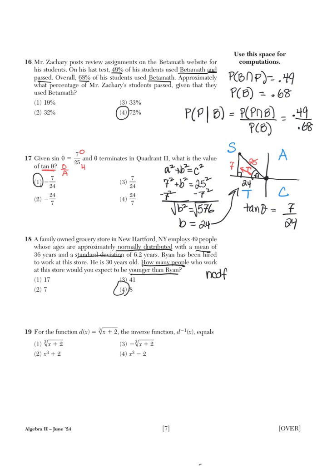And when you do normal CDF, remember that you're going to hit your second button, and then you're going to hit your VARS button, which is just next to your clear button. And you'll see it's number 2. So we hit that, and then you're going to be given a lower bound, an upper, right? So let's write this down.